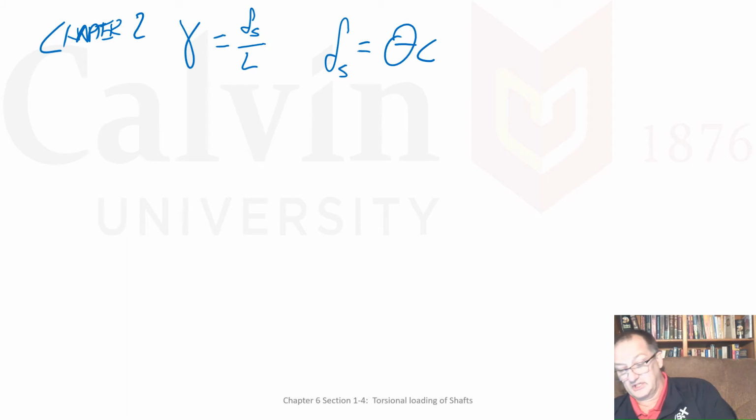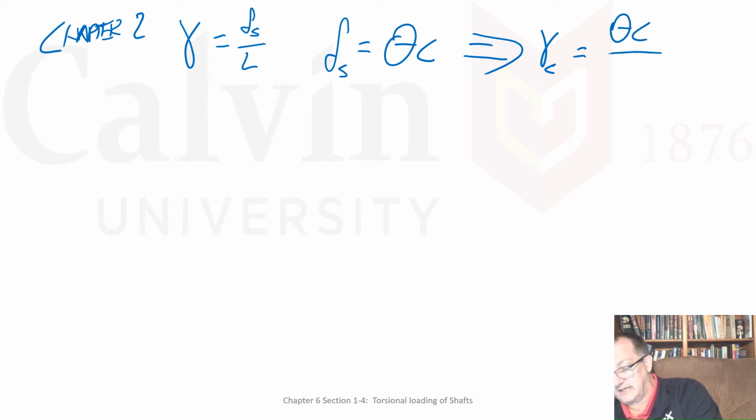And so what this allows me to do, we can combine those two things, and we can say that our shear strain at C, all the way at the extreme fiber, is equal to the twist times C divided by the length L.